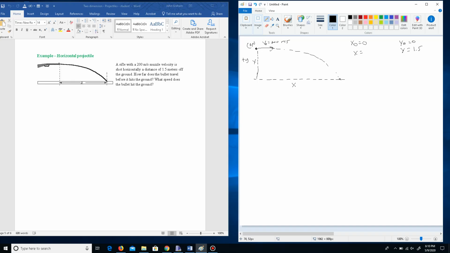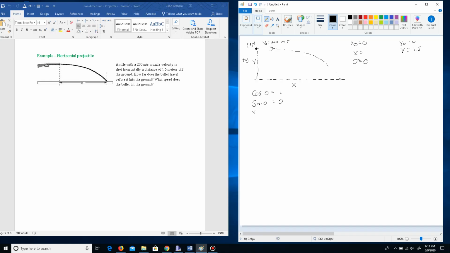Now we do know what the angle is. The angle is 0 since it's horizontal. That means cosine of 0 is 1, sine of 0 is 0.